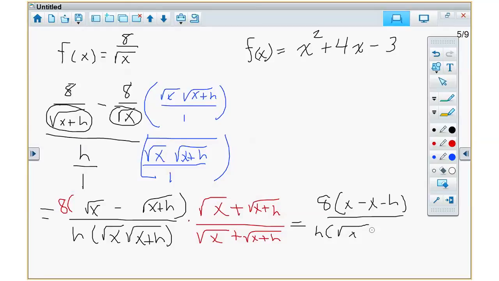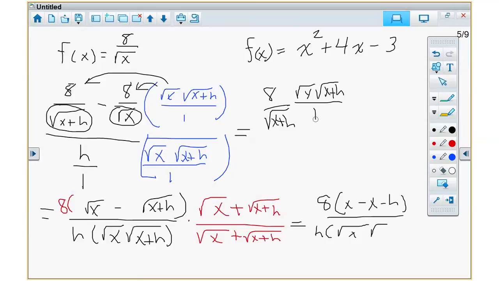Okay, I'm still lost at the step I was trying to figure out. You distribute the square root of x, square root of x plus h amongst. Can you just do that really quickly? Yeah. 8 over the square root of x plus h, square root of x, square root of x plus h, over 1. That's 1.